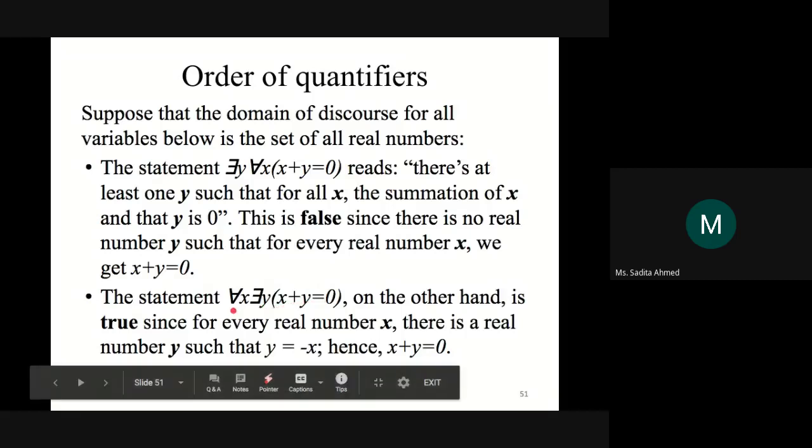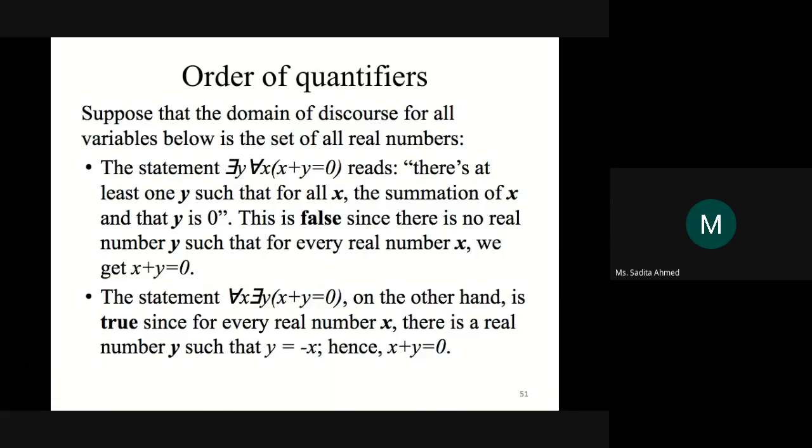And it is true. Every real number has an opposite, right? Every real number has a negative. 1 has a -1, 2 has a -2, -3 has a 3, -4 has a 4. And then 0 has 0, and 0 plus 0 is equal to 0.